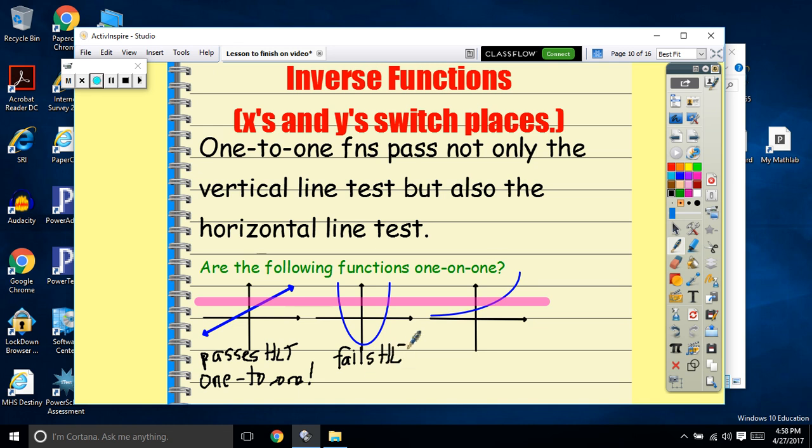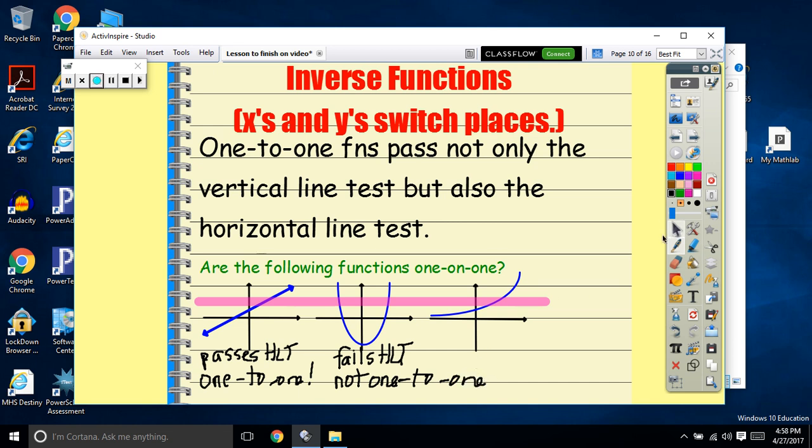Now, all of these are functions, guys. They all pass the vertical, but we're trying to see, is each function a 1-to-1 function, not a regular function, but a 1-to-1 function. So the parabola is a function, but it fails the horizontal line test. So it is not 1-to-1. It's still a function. It's just not what we'd call a 1-to-1 function.